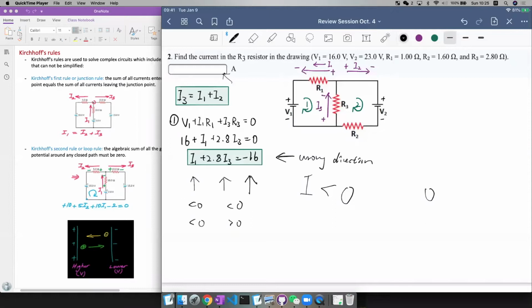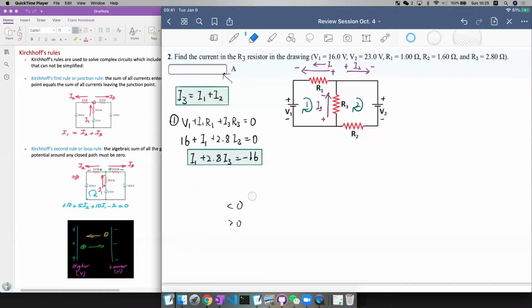And also, why would we need to know what this sign means? When we're in an exam, it's really easy to go crazy thinking about why my current is negative. Can it be negative? In homework, you can probably think about it rationally, like it could be negative.